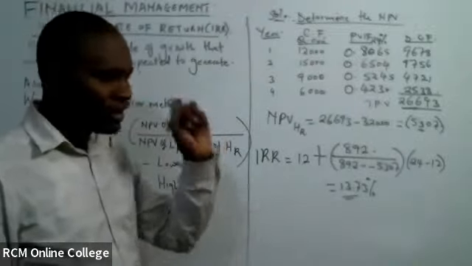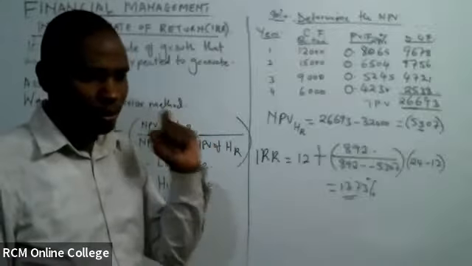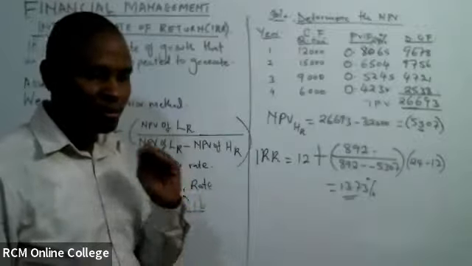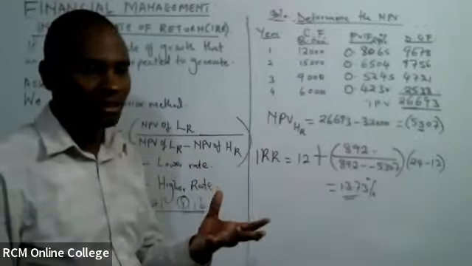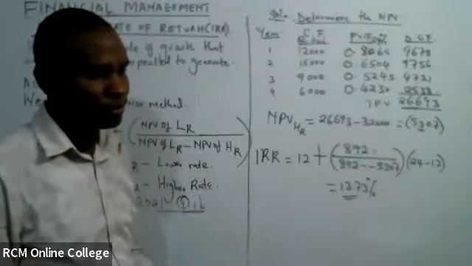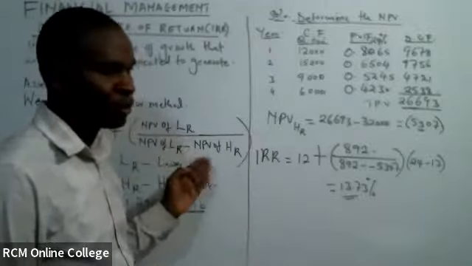You see, in the first case, we got a positive NPV, right? That positive NPV tells us that the IRR is greater than the cost of capital. And since we don't want that, it will not give us the best result.